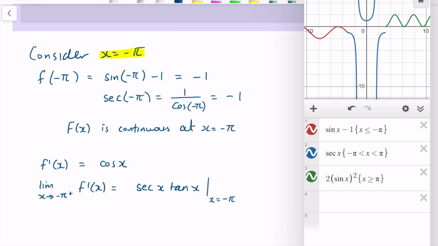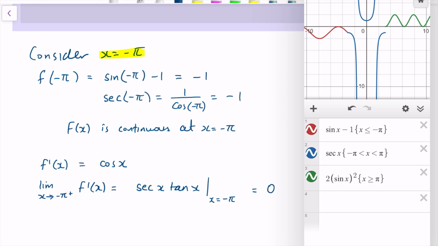Well, tan of minus pi is 0, and sec of minus pi is -1, so that equals 0.